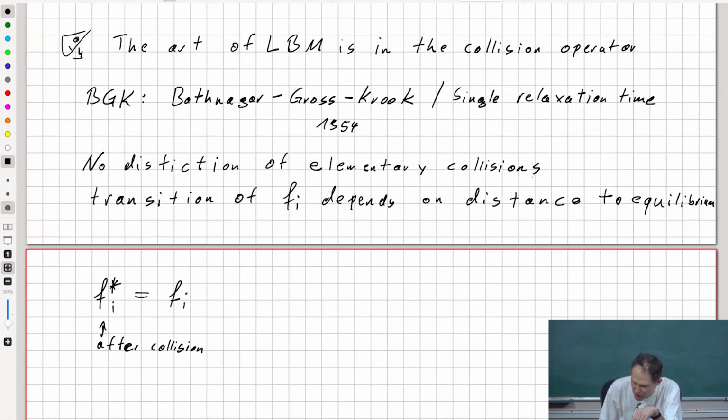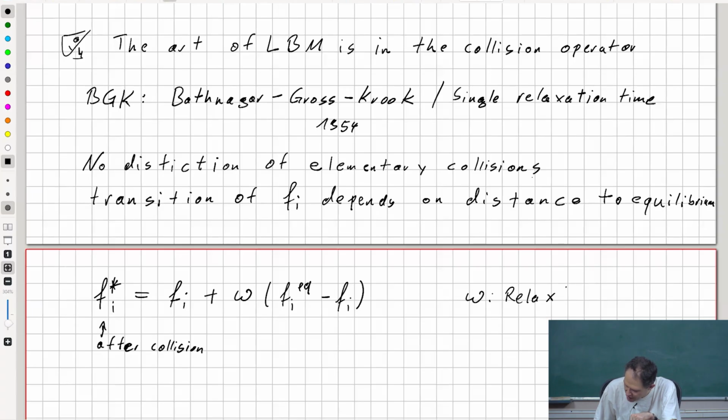So after collision, we have the state before collision plus a rate parameter, the relaxation parameter, and here we have the distance between an equilibrium population and the incoming population. So this here is the relaxation parameter. It is actually a frequency.